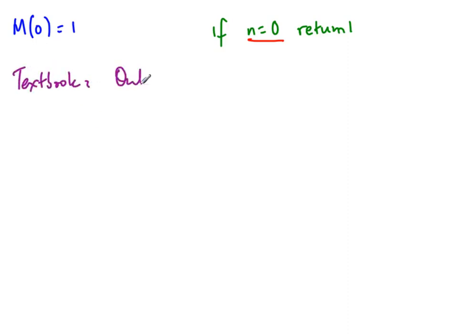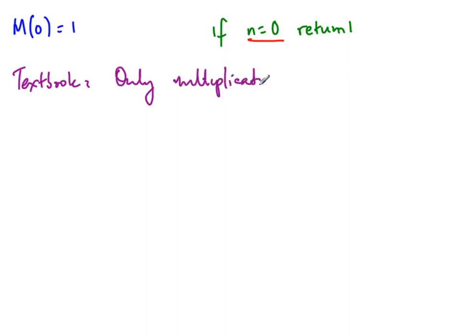So we use the initial condition M of 0 is equal to 1 because when we reach the final step, we have if n equal to 0, return 1. Since both conditional checks and multiplications are treated as basic operations, we have one basic operation even when n equal to 0. Now in the textbook, only multiplications are counted.